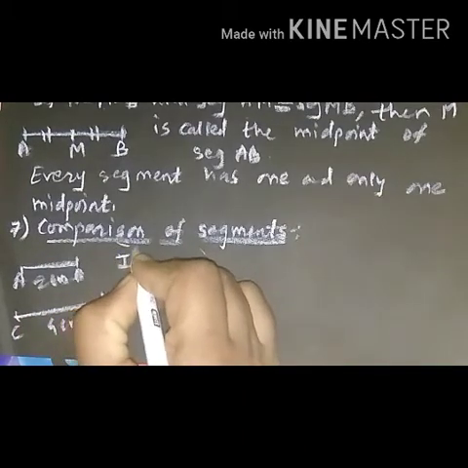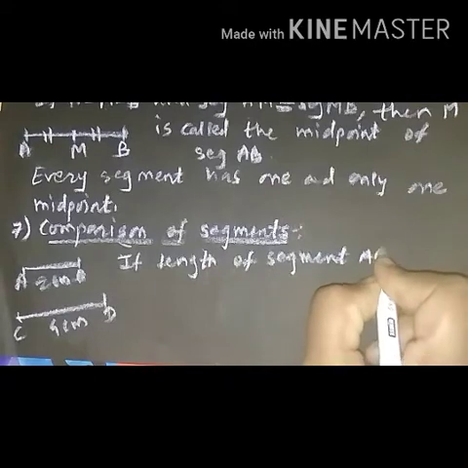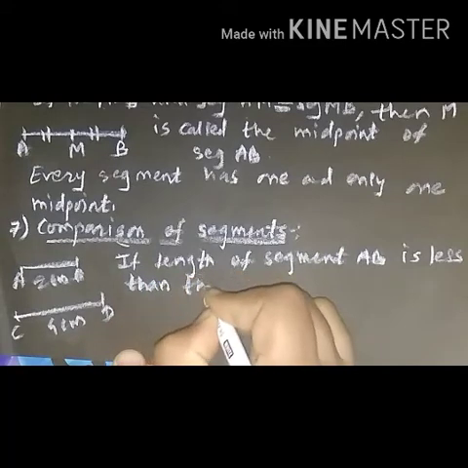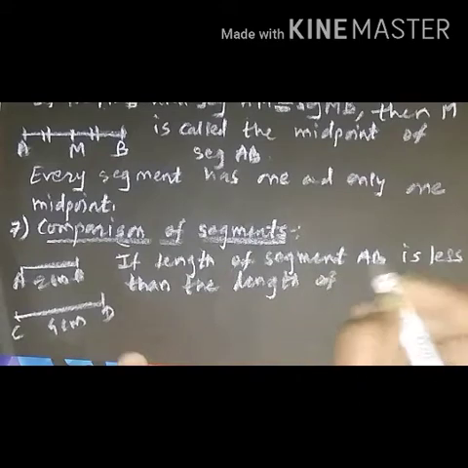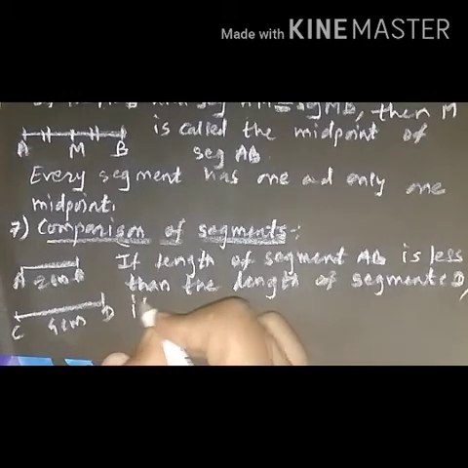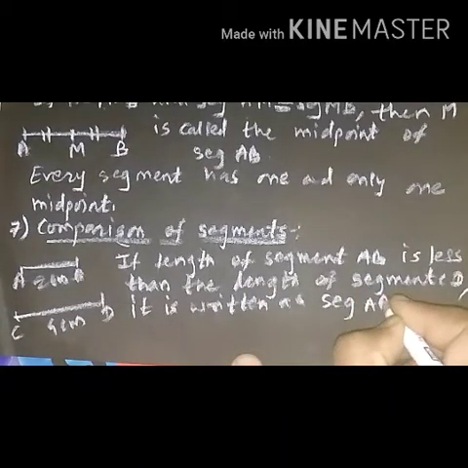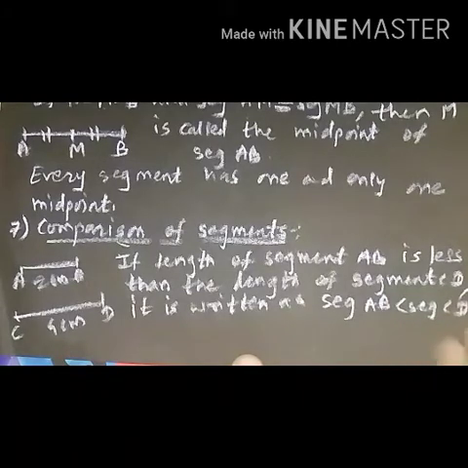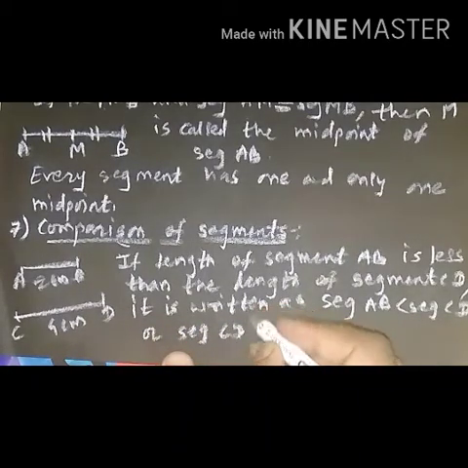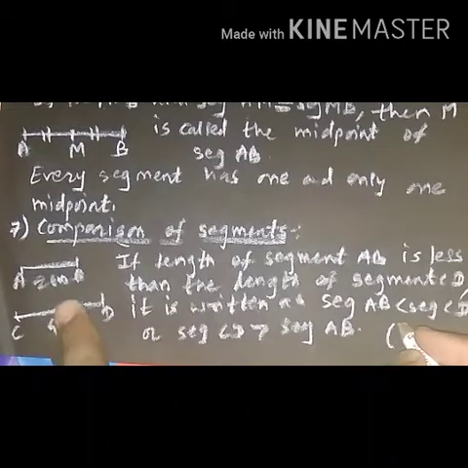So we can write, if the length of segment AB is less than the length of segment CD, then it is written as seg AB less than seg CD, or we can say that seg CD is greater than seg AB, because 4 is greater than 2.